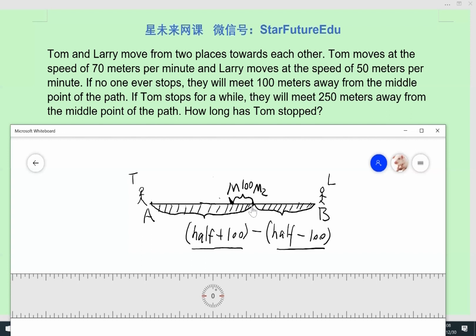It seems like a chase problem, but they move toward each other, so I'm not sure. Okay, the two persons move towards each other. Typically, when two persons move towards each other, it's a meet problem. When one person chases another person in the same direction, it's a chase problem. But this is not always the case.